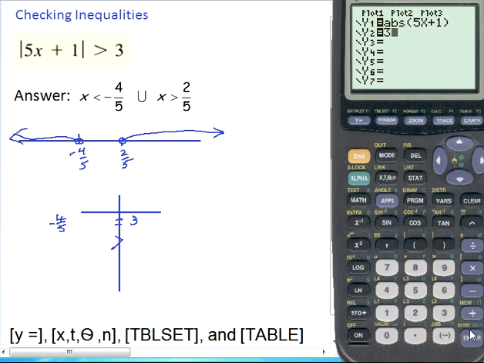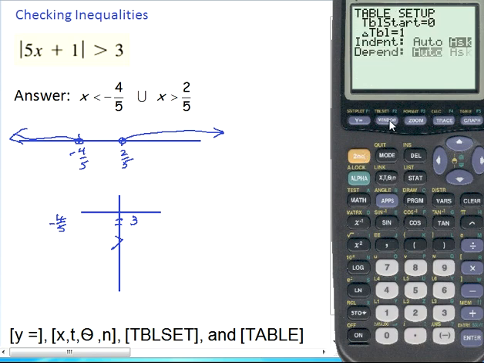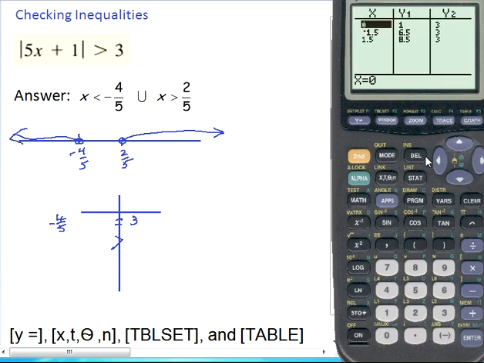So I'm going to hit enter, and let's go to second window, table set, make sure it's set on ask, and then go to second table and delete everything that's in there, and put our first boundary point, which is negative 4/5, and it should make the left side equal to 3, and it does.